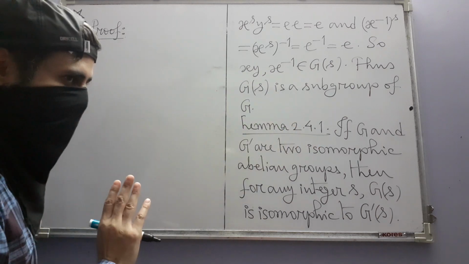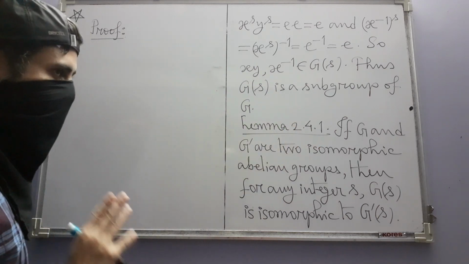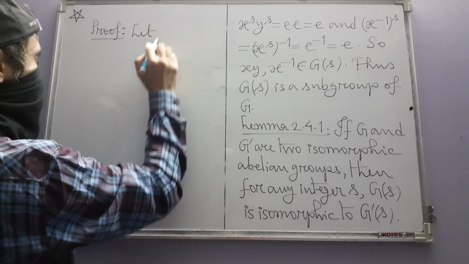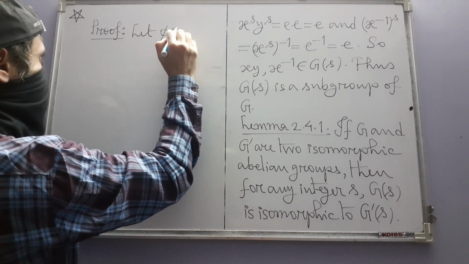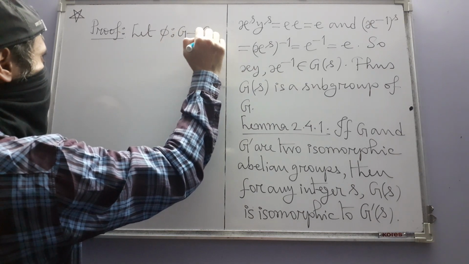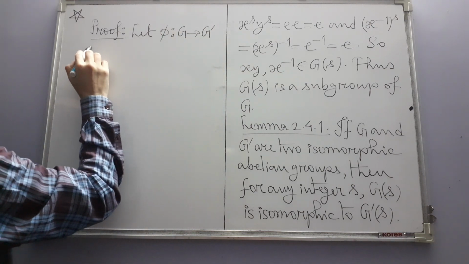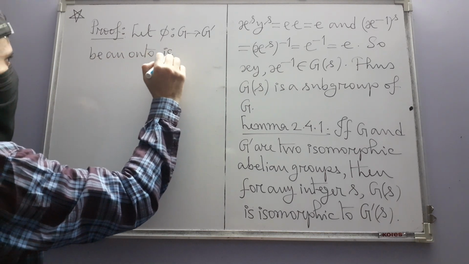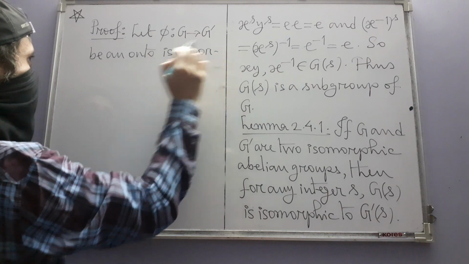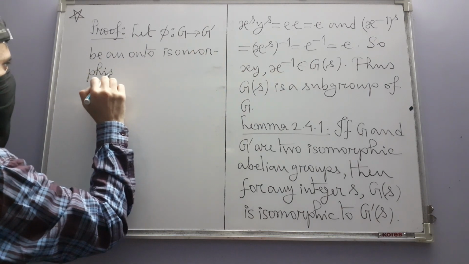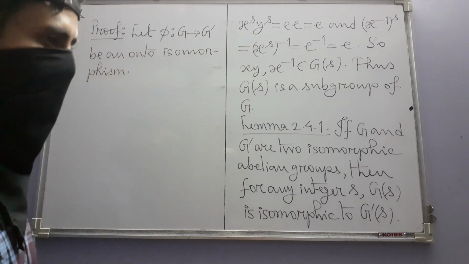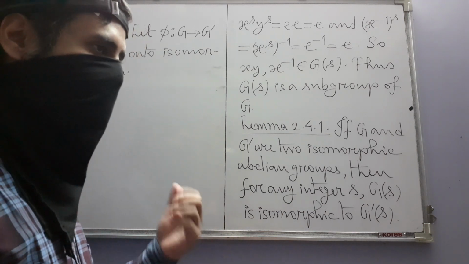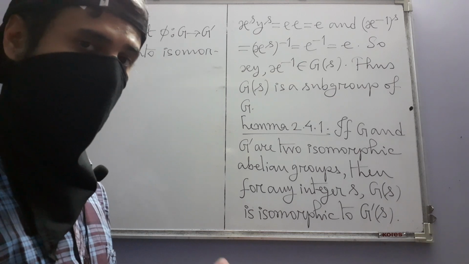Because these are isomorphic, there exists an onto isomorphism. So we can assume one. Let phi from G to G prime be an onto isomorphism. And let us again recall that in most of algebra books, isomorphism is by definition onto.